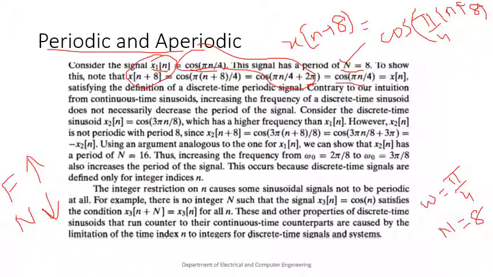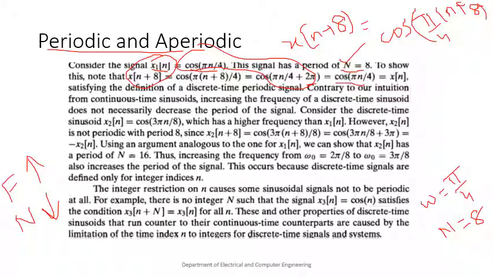Keep in mind that if I'm increasing the frequency of a fan, the fan will rotate faster and the period will become less. But this is not true in the case of discrete time. Increasing the frequency might increase the period, or it will make the signal aperiodic.